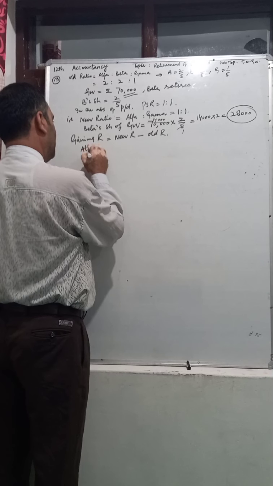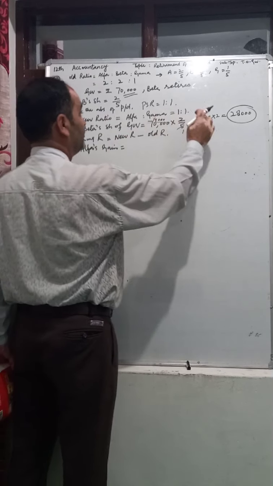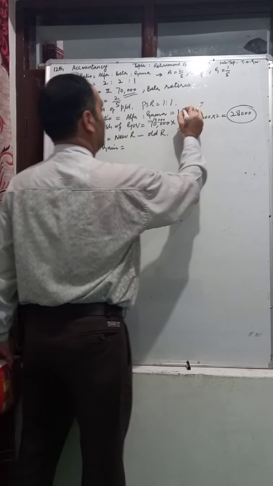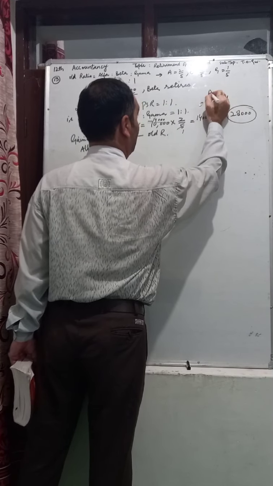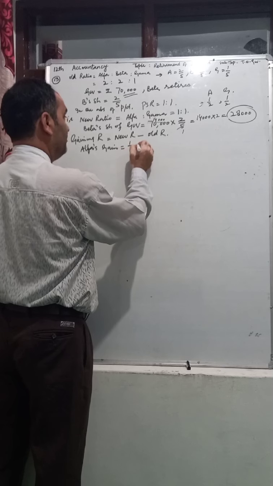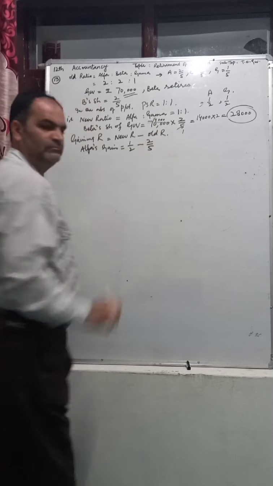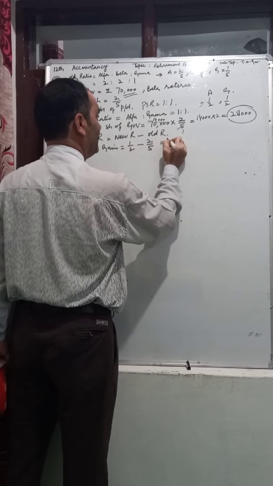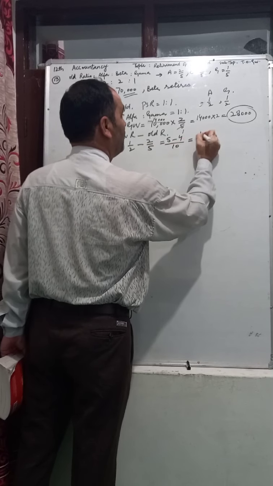Let us calculate Alpha's gain, which is equal to Alpha's new ratio, 1 by 2, and Gamma equal to 1 by 2, minus Alpha's old ratio, that is 2 by 5. 1 by 2 minus 2 by 5, which is equal to, by cross multiplication, 5 ones are 5, 2 twos are 4, 5 minus 4 by 10, which is equal to 1 by 10.